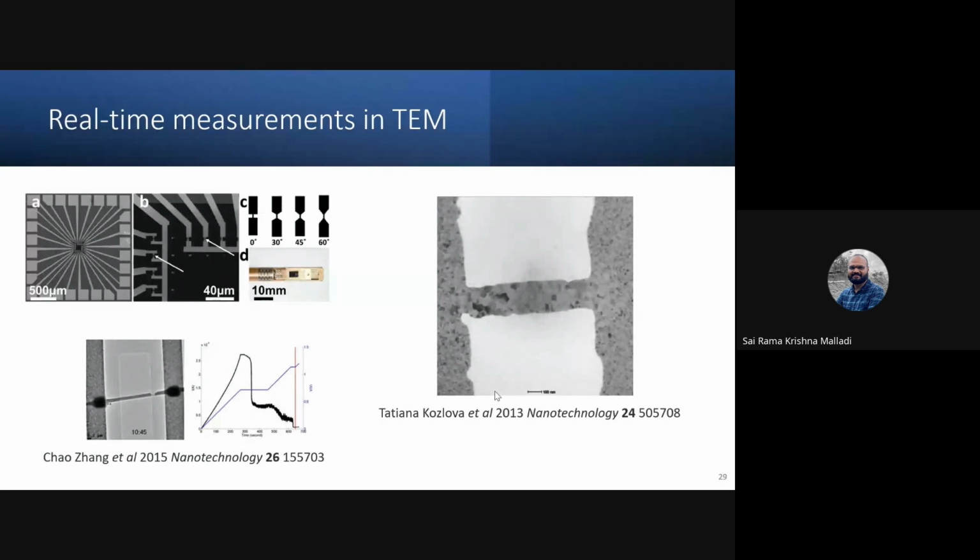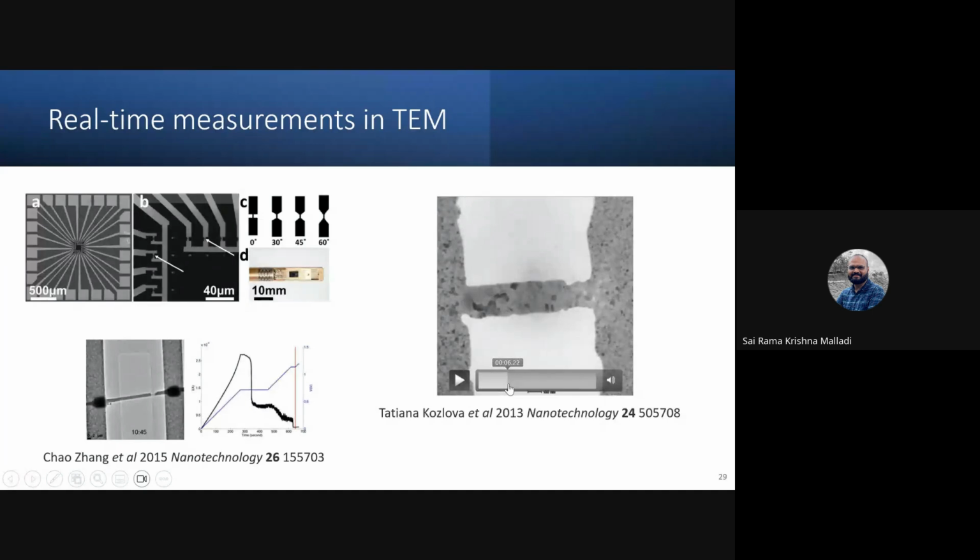But nonetheless, our interest here was to see these real-time modifications to the sample. For example, this could be inside a thin film when you apply a heat or when you apply an electrical bias. There could be local Joule heating, which can cause the grain growth, as you can see here. So for example, when I look at this region, there are these teeny tiny dots here which start appearing to grow bigger.